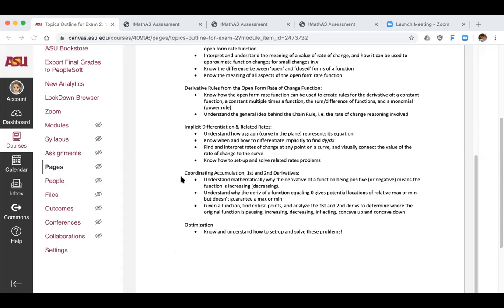And then also optimization and application of derivatives and understanding how that relates to the graphs, why we're looking at derivatives equal to 0, because of what that tells us about the accumulation graph, if its rate of change is 0, or if it's undefined, what that could mean.